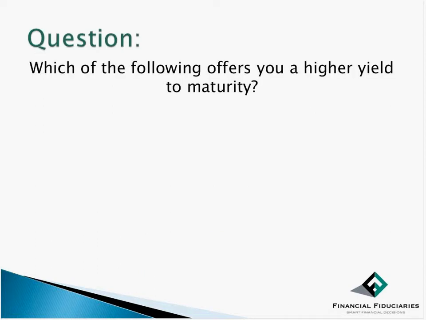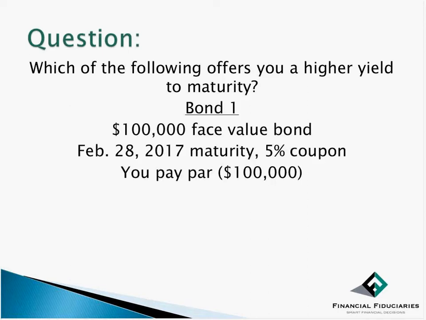Now I got this question to illustrate yield to maturity in a different way. Which of these bonds offers a higher yield to maturity? So we have bond 1 that has a $100,000 face value, comes due February 28th of 2017, so this is 4 years, and it pays 5% interest, and you pay $100,000 for this bond.